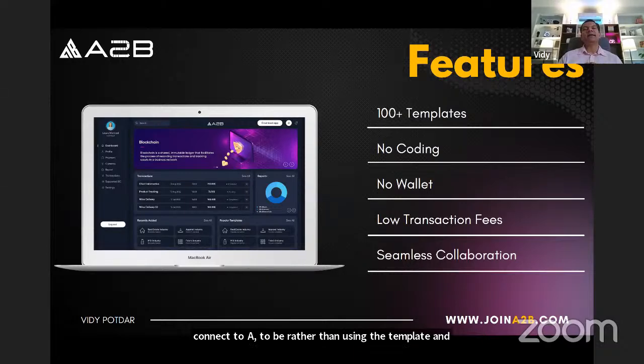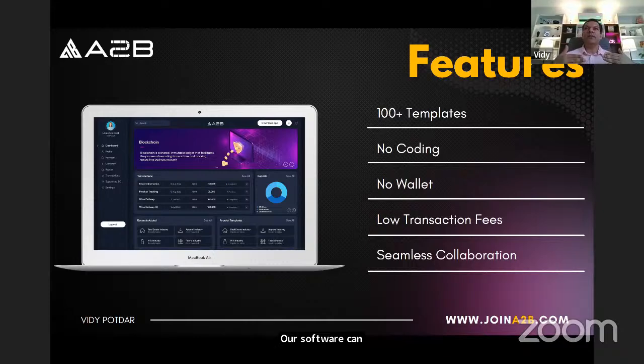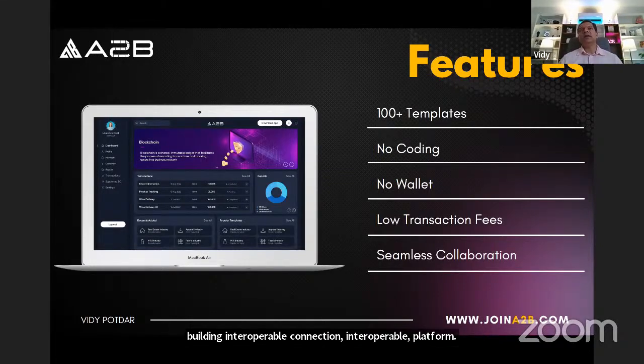Many of the clients asked us, can you build us a connection or a bridge, so that our software can be interoperable with A2B? So now for selected users, we are actually building an interoperable platform, so that their software can easily interoperate with the A2B blockchain.